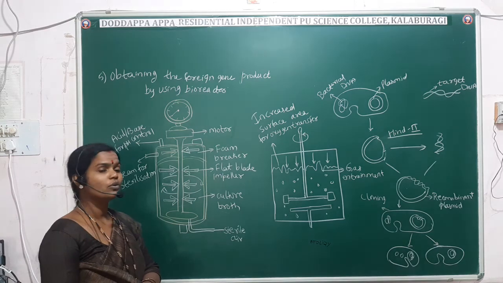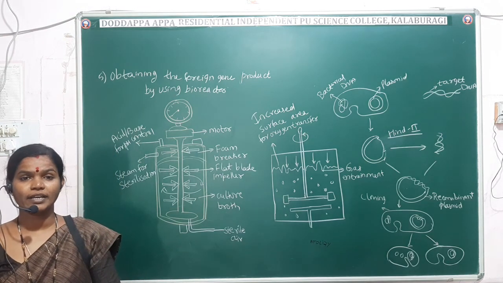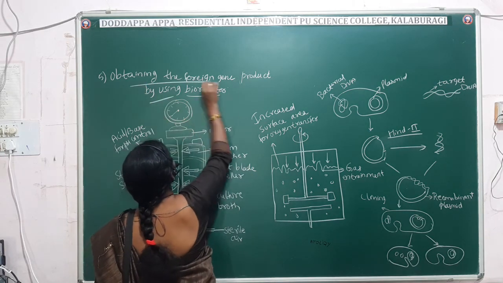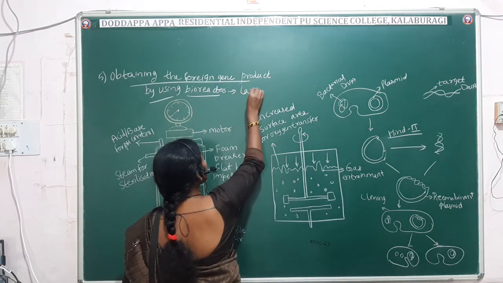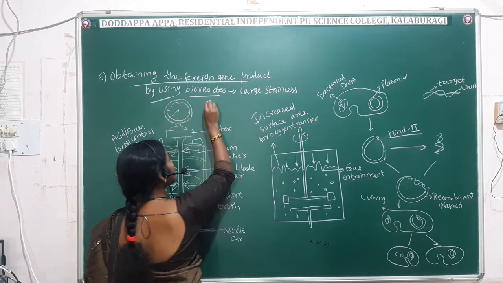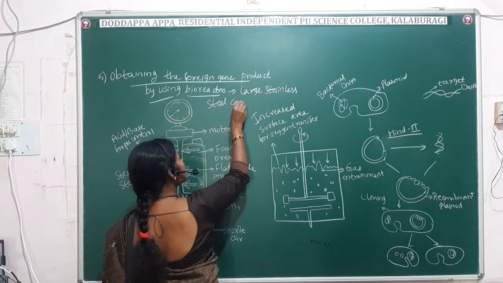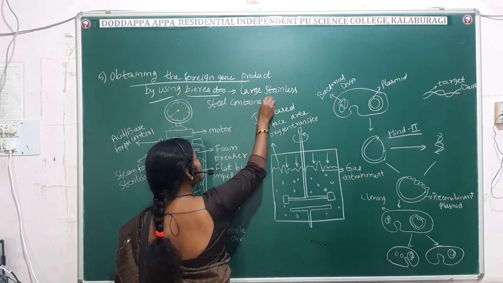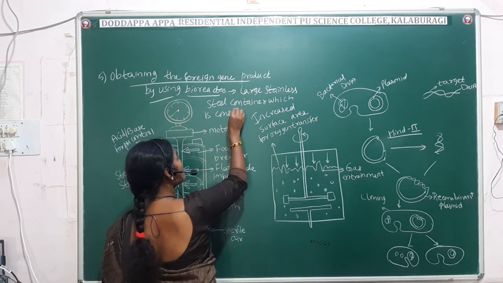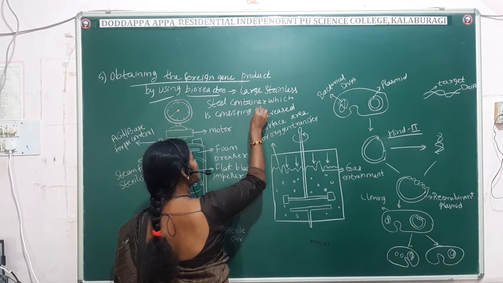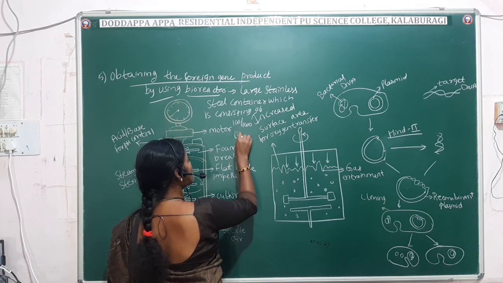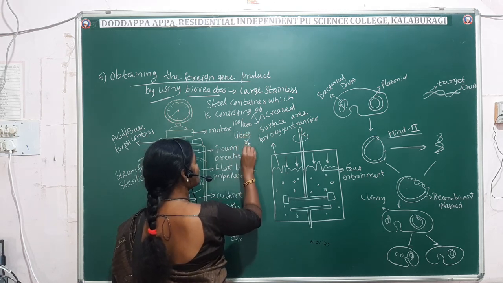First of all, we have to understand what a bioreactor is. A bioreactor is a large stainless steel container consisting of 100 to 1000 liters of volume.